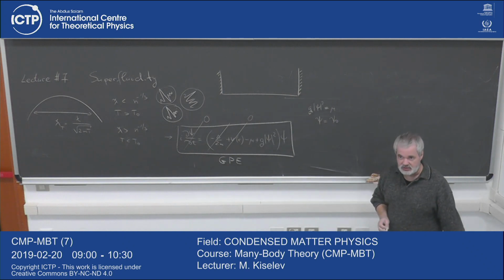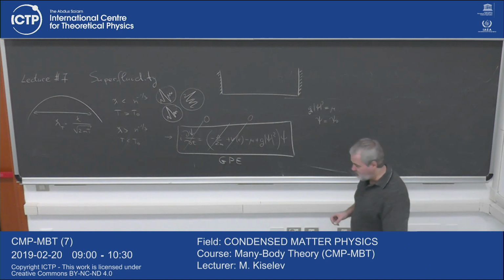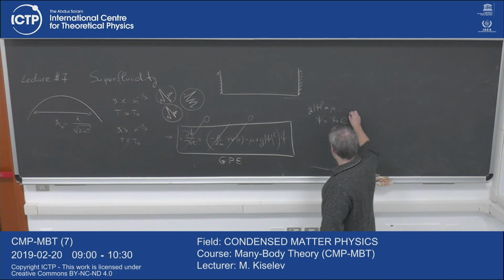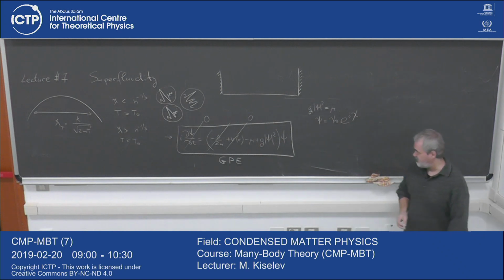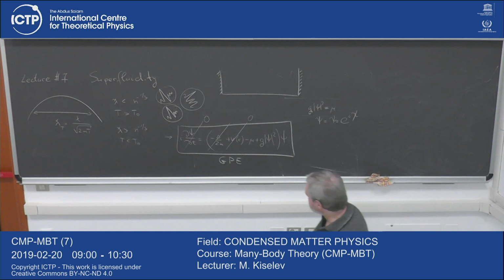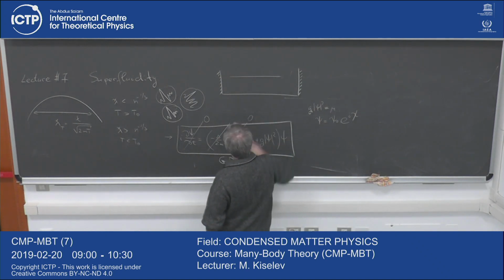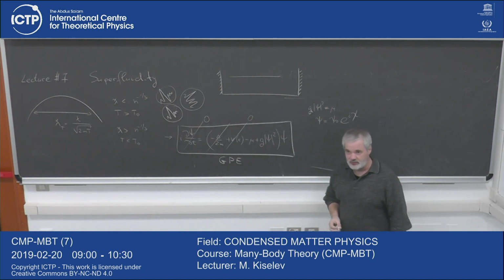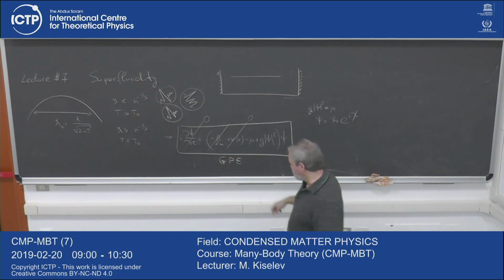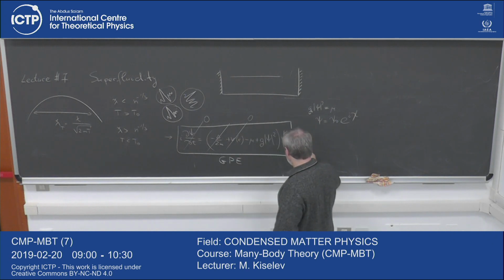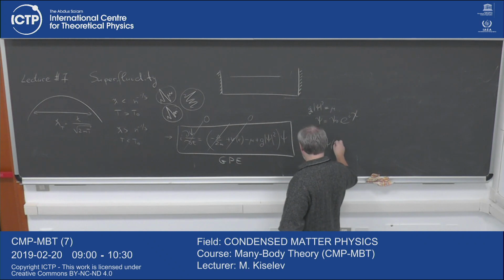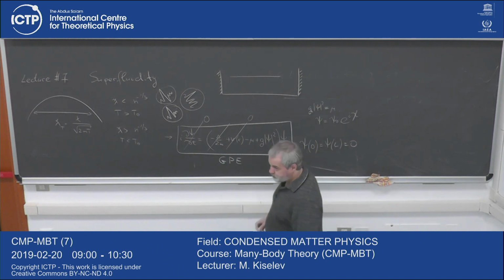In principle, since the wave function is a complex function, the square modulus of the wave function describes the probability density. So we are saying that the wave function is a constant, but of course this equation should be accompanied by the boundary condition that psi at the wall is equal to 0.